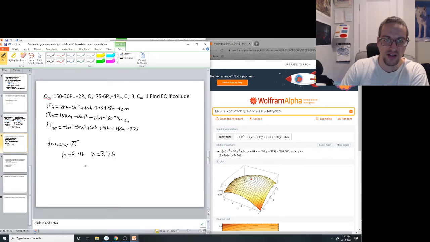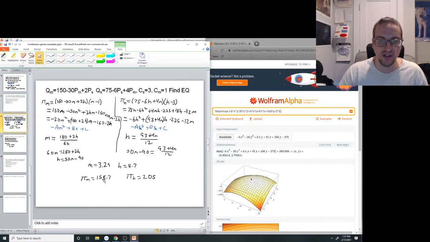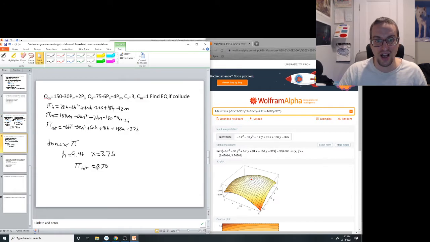Okay, and together they're going to give you a profit of 370 basically. Which if you look back, 370 is actually not that much more in this case, right? Together these gave a profit of 364. So this is not actually much different. This is a case where colluding does not give you a huge benefit over competing. Okay. All right.